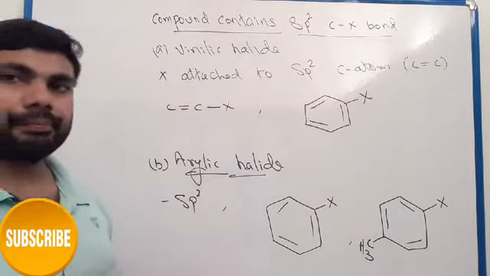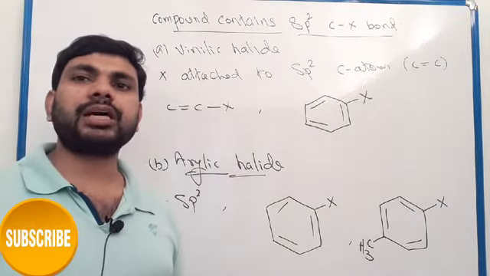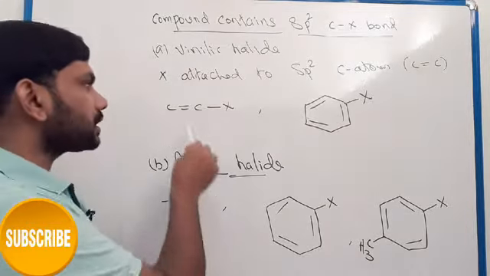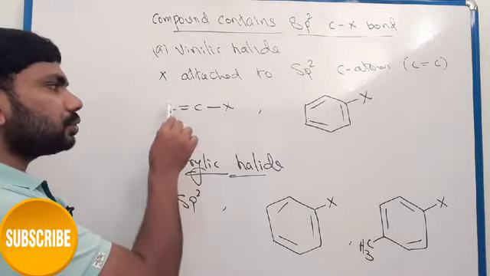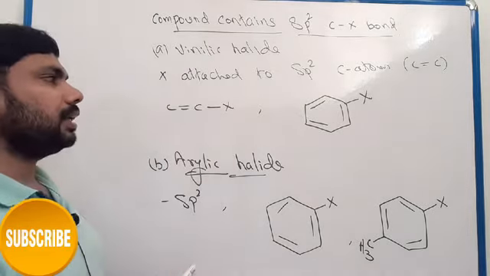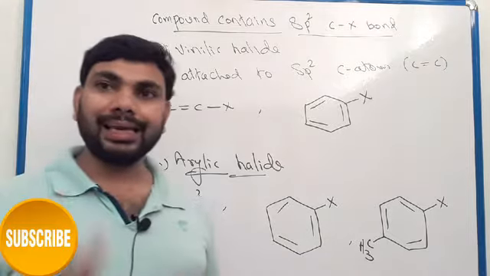vinylic halide. Vinylic halide means here halogen is directly attached to a carbon double bond. Here this is a carbon carbon double bond. On this carbon carbon double bond, halogen is directly attached. Okay, the previous case you learned before, allylic.